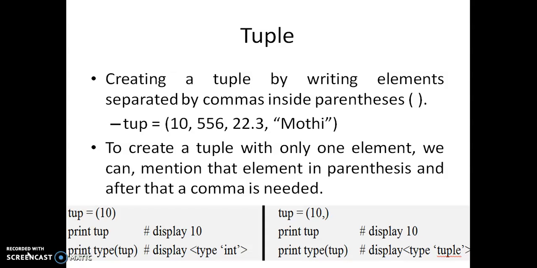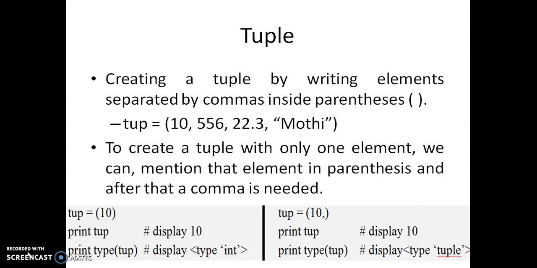So if you want to consider this as a tuple, then you need to write it as on the right side. The example is like this: tup equals 10 comma. Here we are giving one value, 10 comma, meaning there may be other elements after the 10. So this is the first element and there can be more than one element after this.